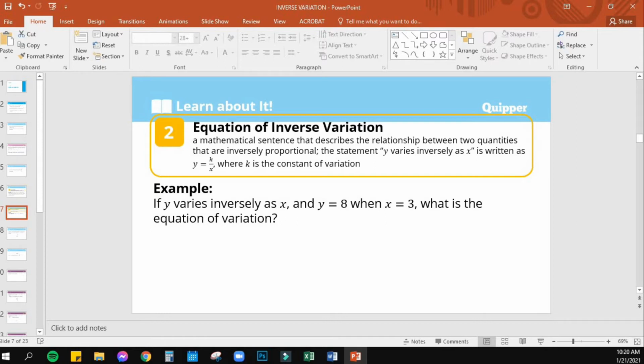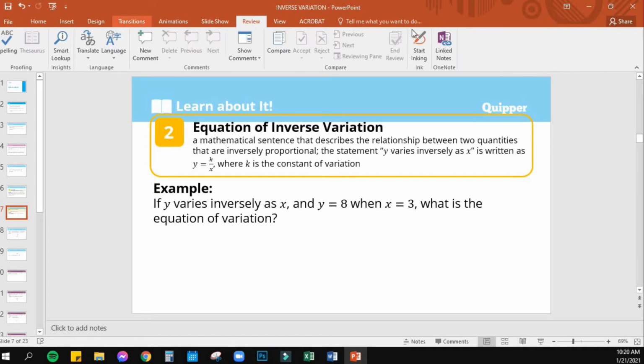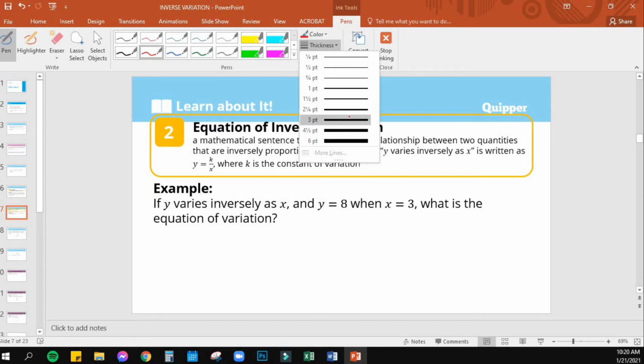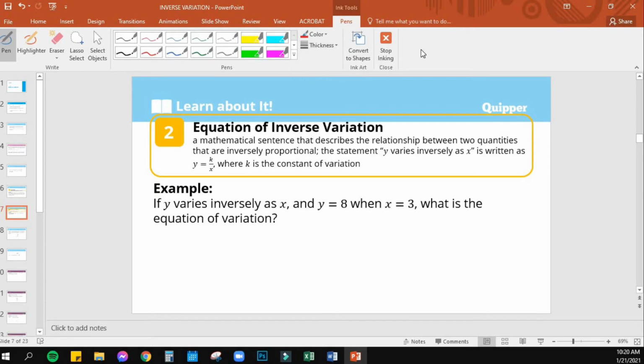So there are two equations na po pwede na nating magamit upang to find out the value of the constant. Meron ulit tayong gagamiting formula or equation. In order to find the constant, there are two equations. Meron tayong dalawa pero isa lang nandito eh.